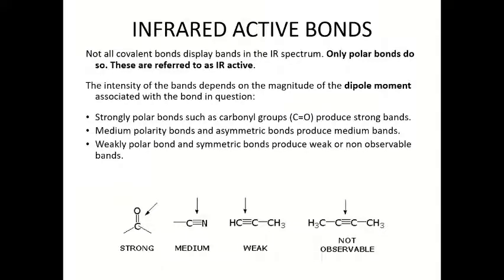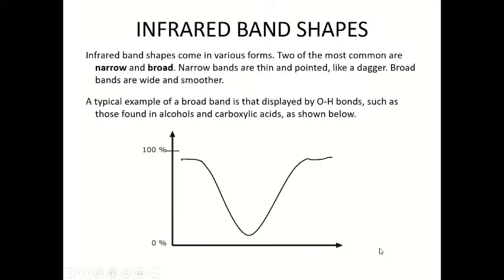A weak signal will be shown in imines, alkenes, and all these triple bonds that have a low dipole moment. And as this one is very symmetrical and nonpolar, for example, the signal from this molecule is not going to be observable.